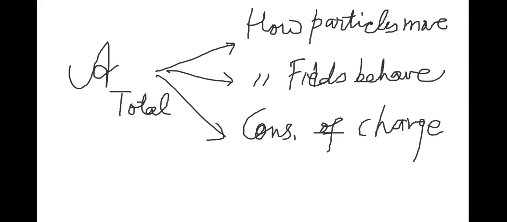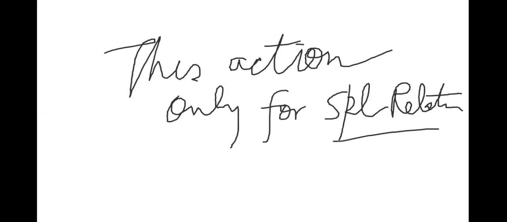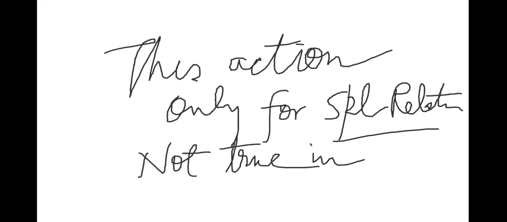Also remember that this action is only true for flat space-time, that is special relativity. It is not true in the presence of gravitation, right? So for gravitation, you have to make some changes. I will not go into that.